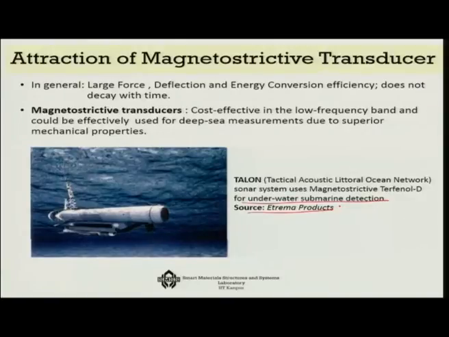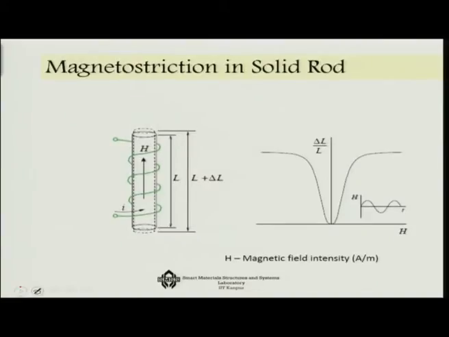Magnetostrictive transducers are very active in sensing very small displacement and converting them to a significant amount of change of magnetization or change of voltage. That is why these things are used as transducers in various subsea applications.